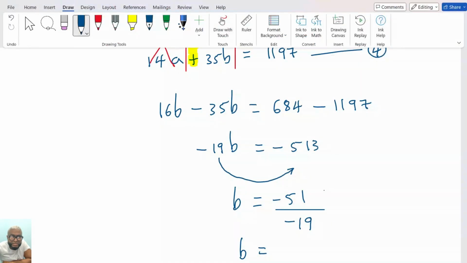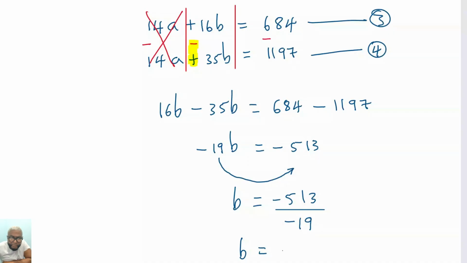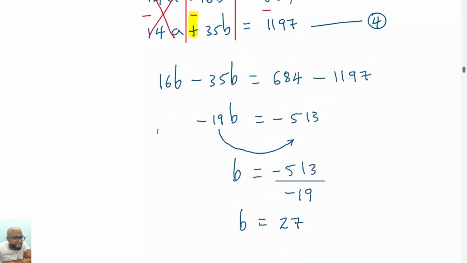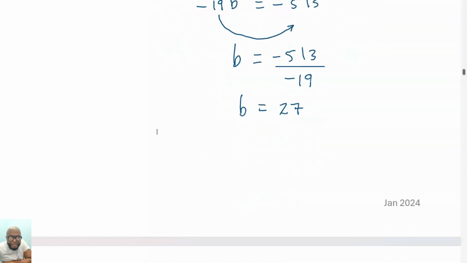Locked in. Don't worry, all of us make mistakes. That's why I check over once, check over twice, check over 3 times. All right, nice. 27. So B is 27.